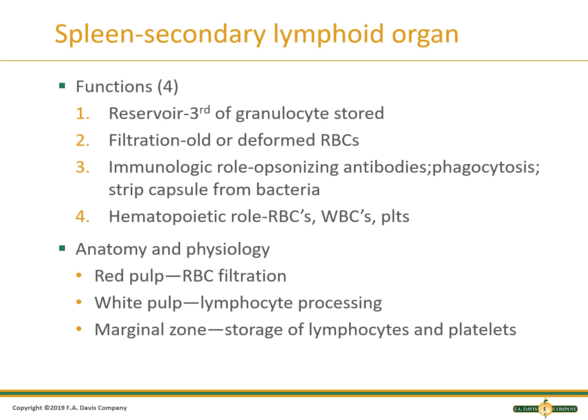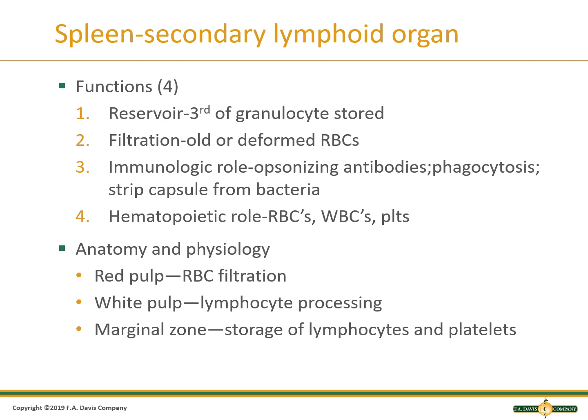It also plays a role in the immunity as far as it produces opsonizing antibodies, and these help in the process of phagocytosis, where the antibodies strip the capsule from the bacteria, making it easier for phagocytosis to occur and ridding the body of the bacteria that can potentially cause infection or issue.